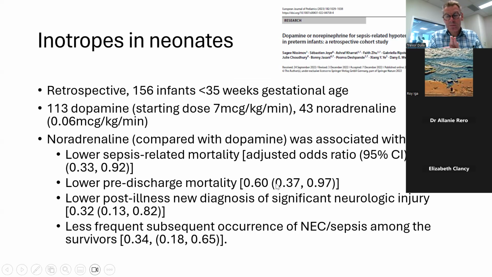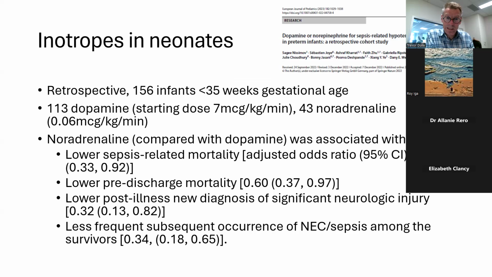And it's not often given because that increases the oxygen utilization by the heart, and so it can cause the heart to be in oxygen debt and not pump as strongly because it's increasing the amount of oxygen that the heart needs.